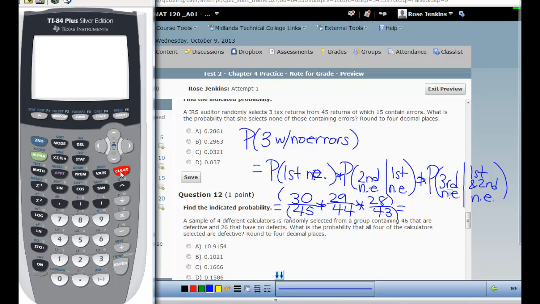So I've got 30 times 29 times 28 divided by, it's going to be really important that we put the denominator in parentheses if we're doing this in one step. I got 0.2861. Questions about that?